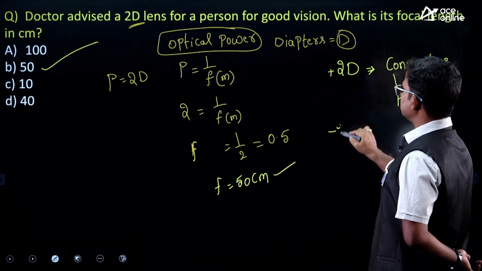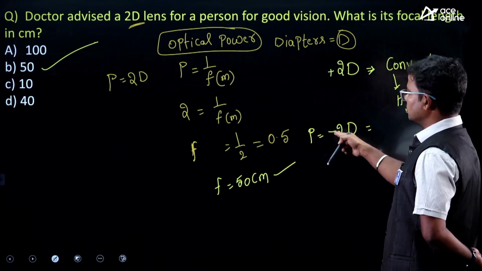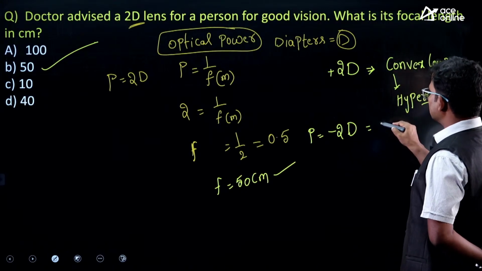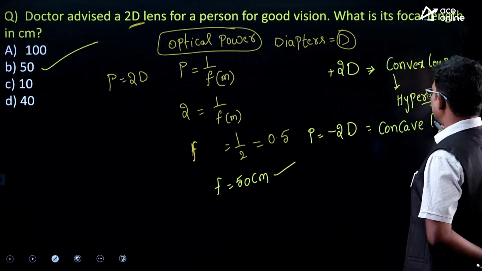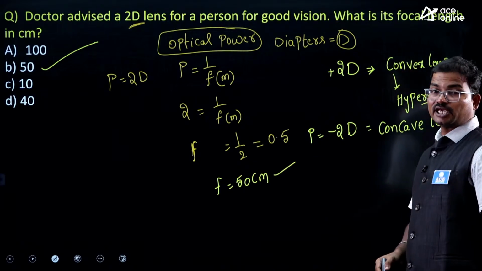Next, if the optical power value is negative, so -2, then what kind of lens is being used? Concave lens. Concave lens optical power is always negative.